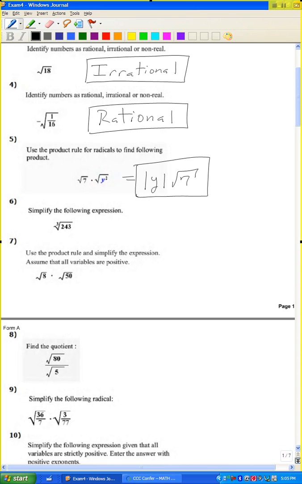The cube root of 243 is just equal to, well, let's write 243 as the product of two numbers, one of which is a perfect cube. So 27 times 9 is 243. The cube root of 27 is 3. And so I get 3 radical 9.